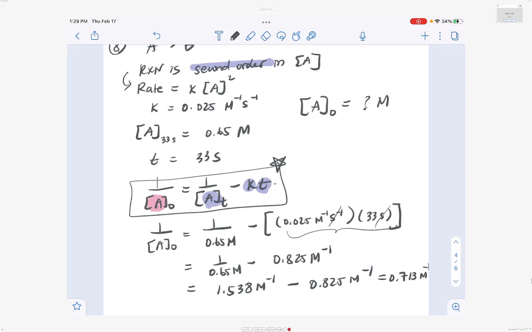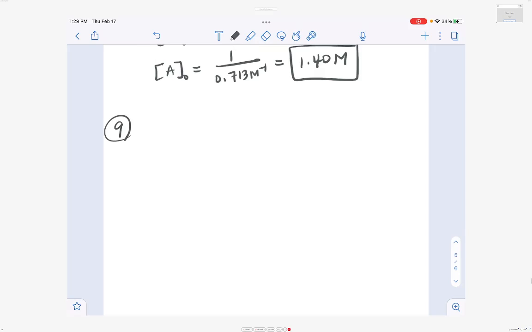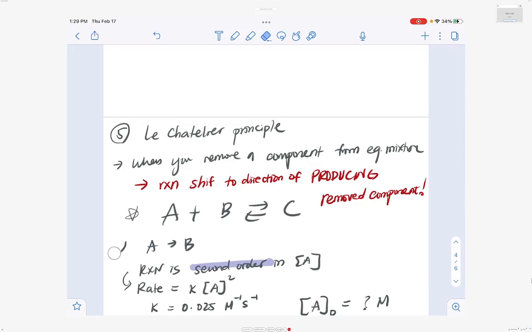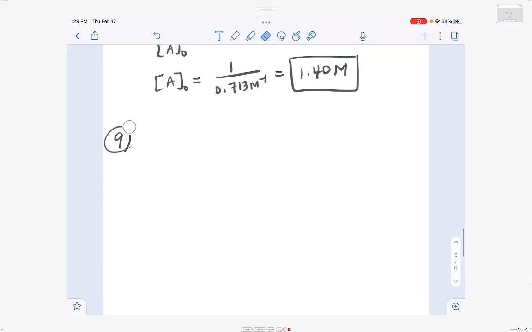One last question that I want to go over is question 9. Wait, is it 9? 5, 6, 7. Okay. With this equation, the question was asking what can increase the rate of reaction.